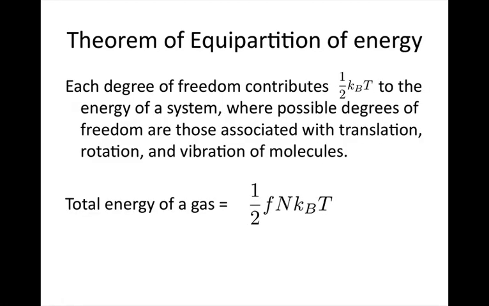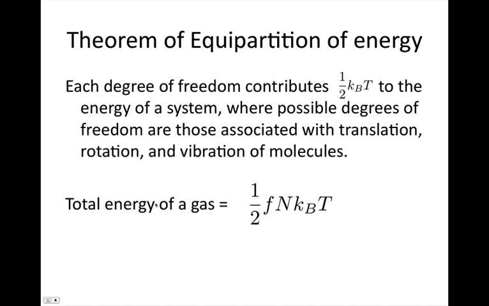We then saw the theorem of equipartition of energy, which said that each degree of freedom contributes 1/2 kB T to the energy of a system, where possible degrees of freedom are those associated with translation, rotation, and vibration of molecules.